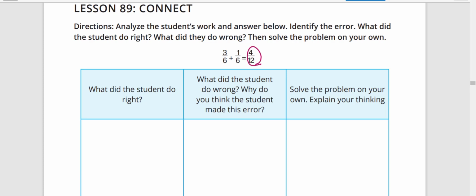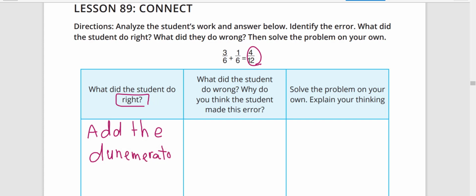What did the student do right? Add the denominator. Second question: What did the student do wrong?